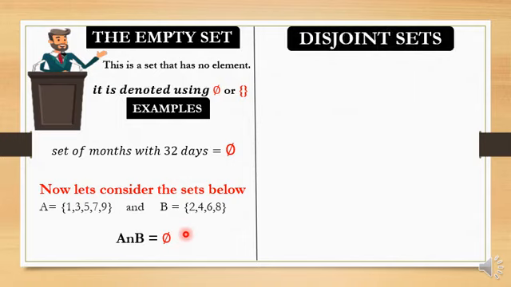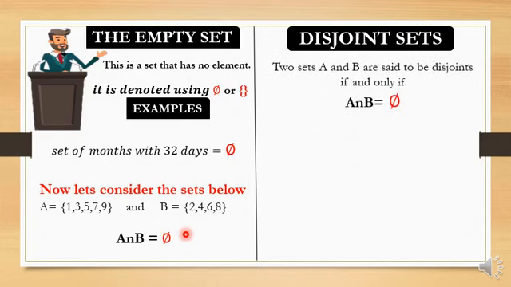Alright, the last thing we're going to be talking about is disjoint sets. What are disjoint sets? If two sets A and B exist, then these two sets A and B are said to be disjoint if and only if A intersection B is an empty set, or A intersection B is empty.